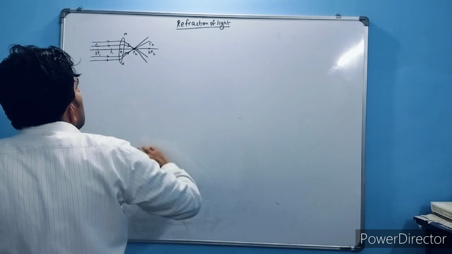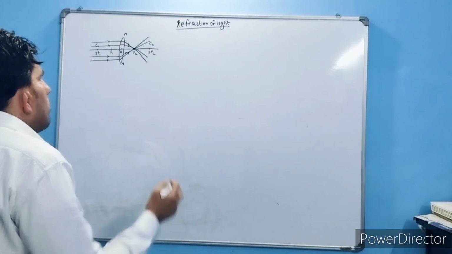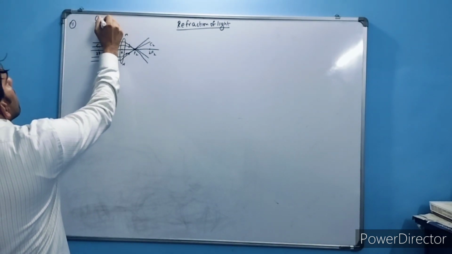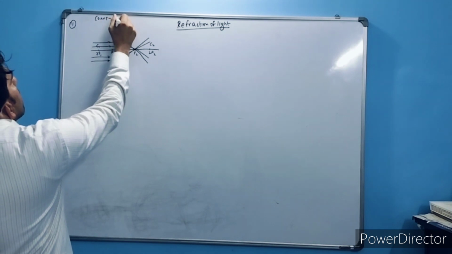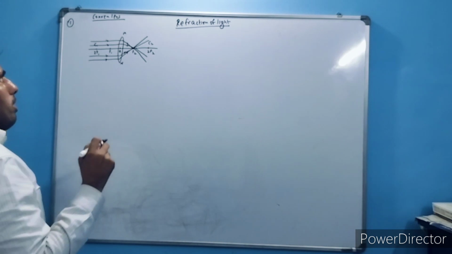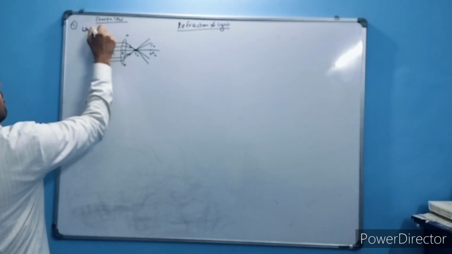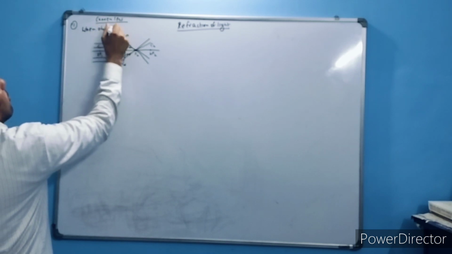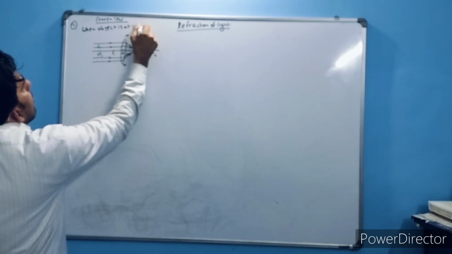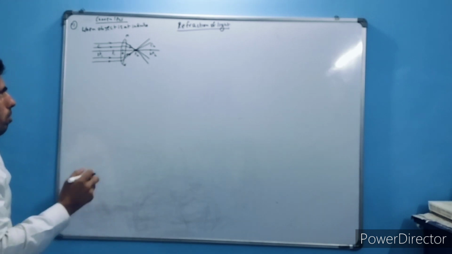First of all, we'll start with the convex lens, that is the converging lens. So now I am taking out the convex lens. Now the first case we have is when the object is at infinity. Then the image will form at F2.